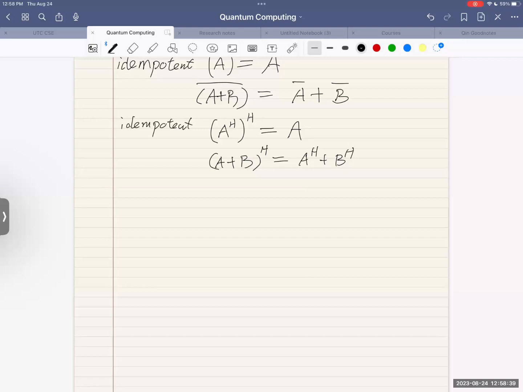Yeah, so this is a bit complicated example.